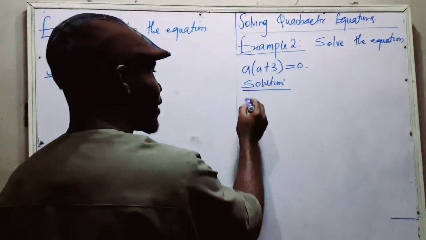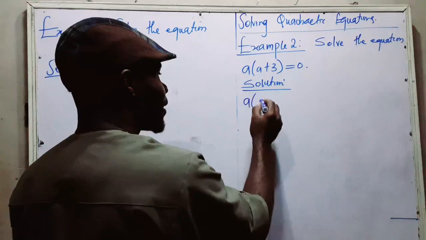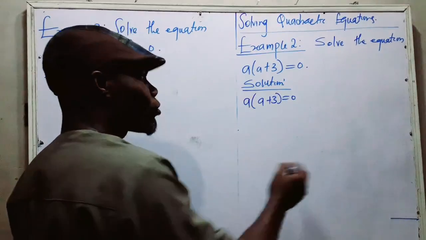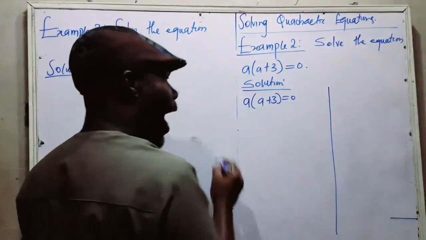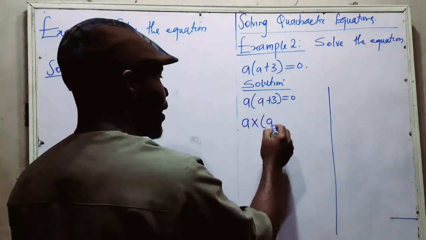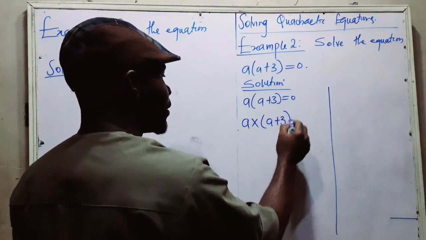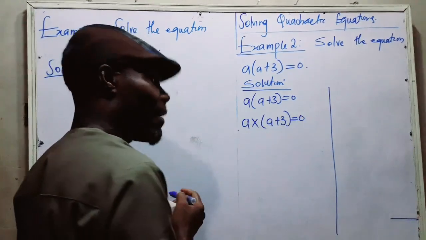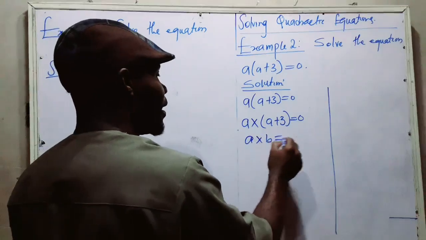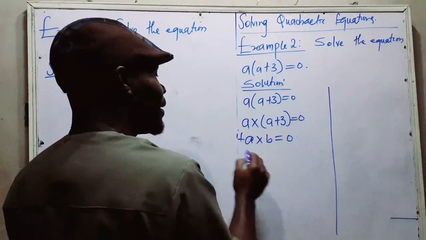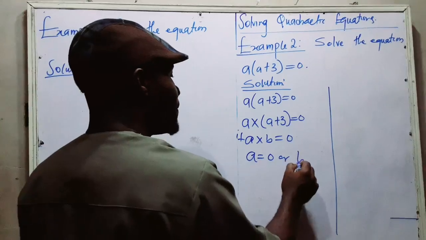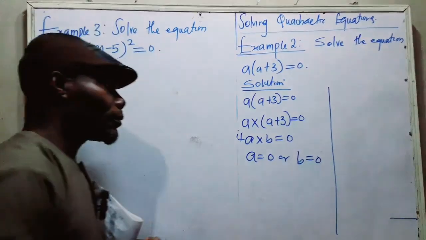This can also be written as A times (A plus 3) is equal to 0, which we have explained: if A times B is equal to 0, then A is equal to 0 or B is equal to 0.